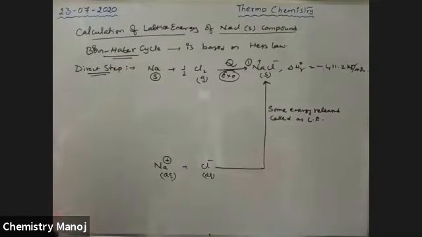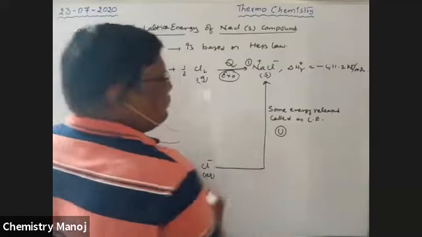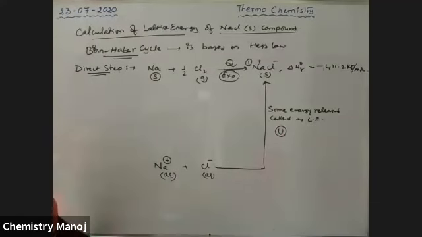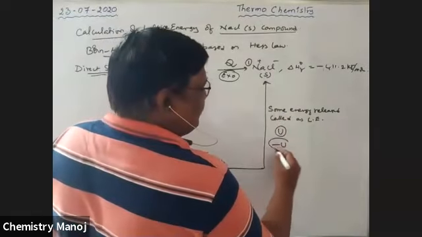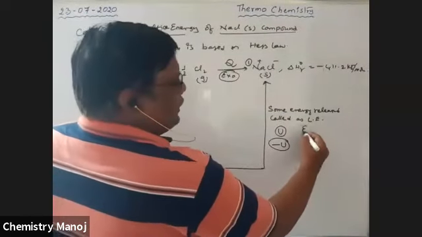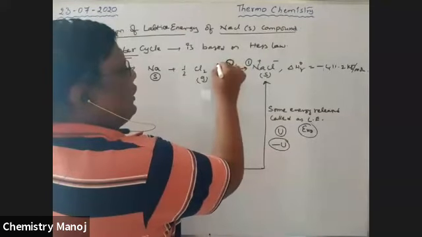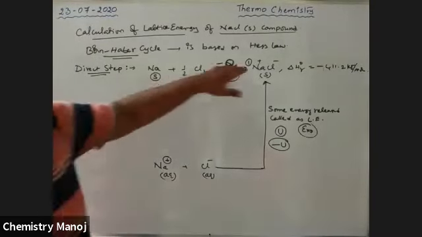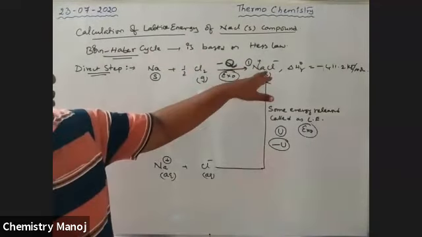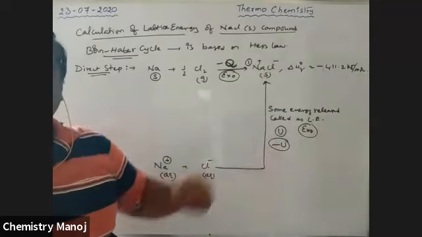That lattice energy is indicated by the letter U. Because it is released energy, it is an exothermic process, so I take it as a minus Q. It is the direct step to prepare NaCl. So this is the way to find out the lattice energy.